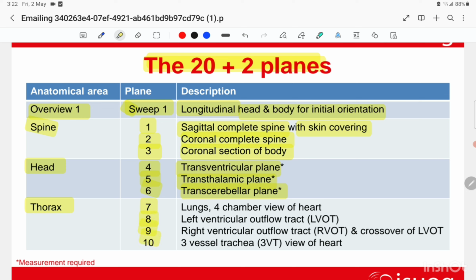Plane 7 is your lungs. You have to see the lungs and the four chamber view of the heart. Plane 8 is the left ventricular outflow tract, and plane 9 is the right ventricular outflow tract and the crossover of the left ventricular outflow tract. The last is plane 10 in the thorax, the 3 vessel trachea view of the heart.